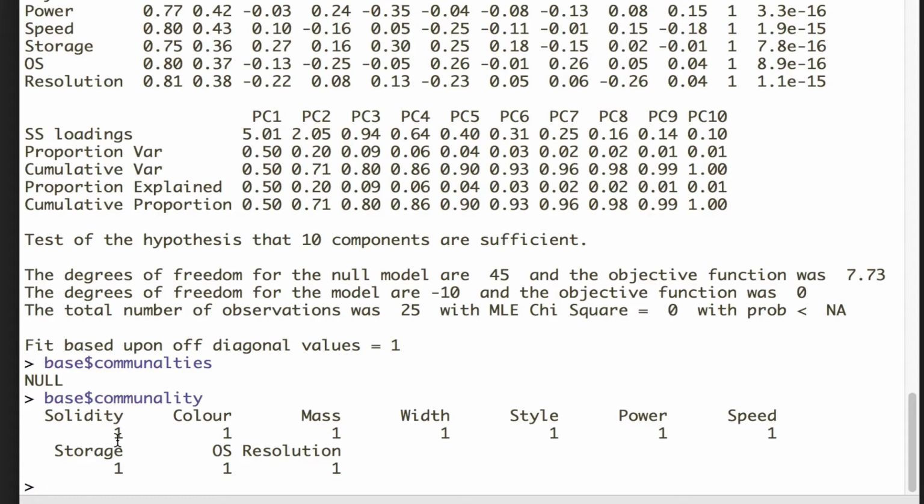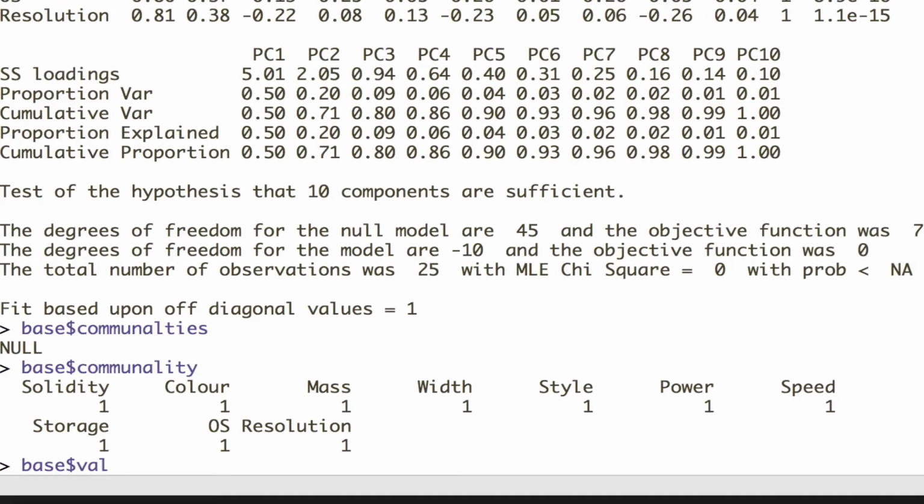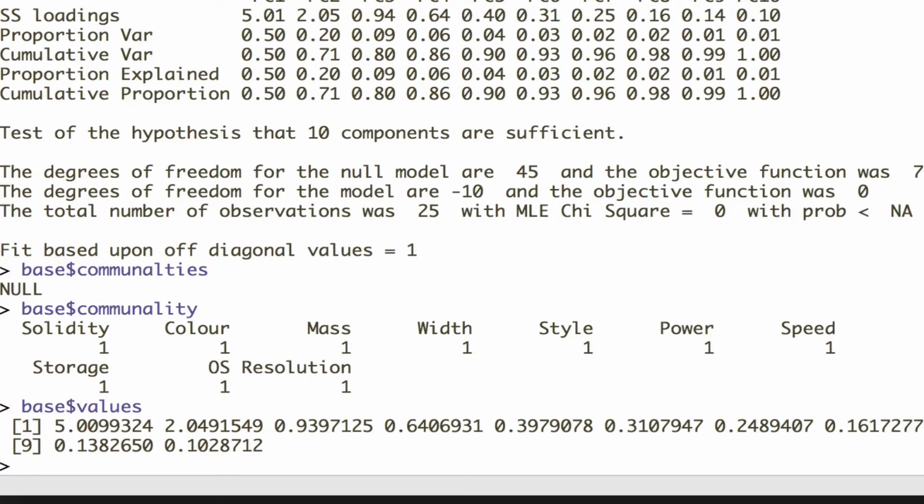that's fine. If we want to look at the eigenvalues to decide how many factors we're keeping, we can just say our model name and then values. Now that's going to give us eigenvalues for each one of our components.